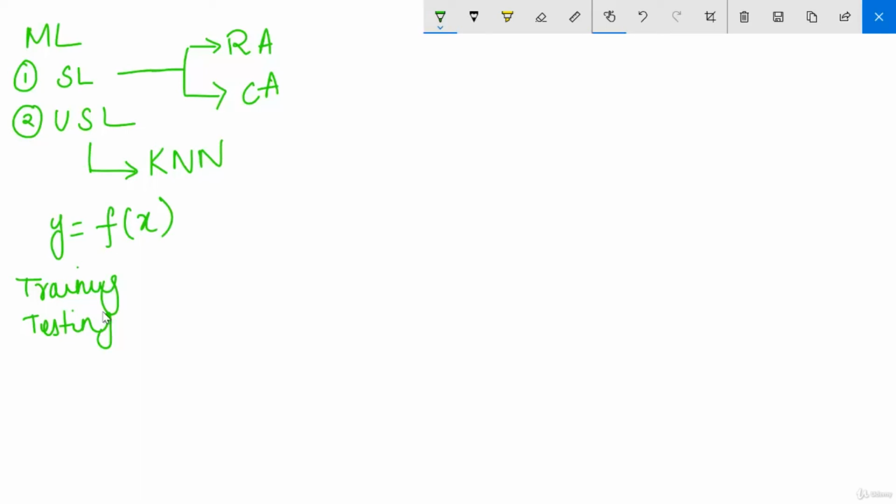After that, I told you that there are two types of vectors, basically a column vector and a row vector. By default, every vector in machine learning is represented as a column vector. If required, you can change it to a row vector using transpose, which we have already done.